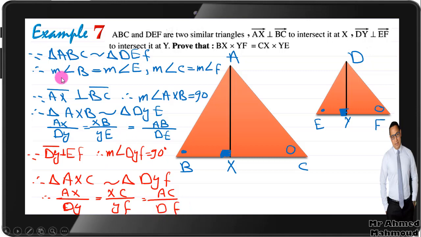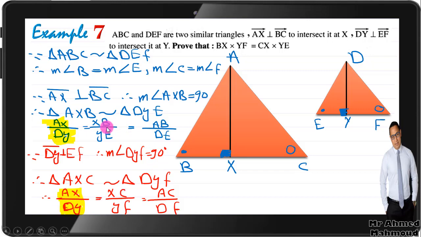By looking at the two proportions, here we have AX over DY is common. I'm going to choose yellow. AX and DY is common.